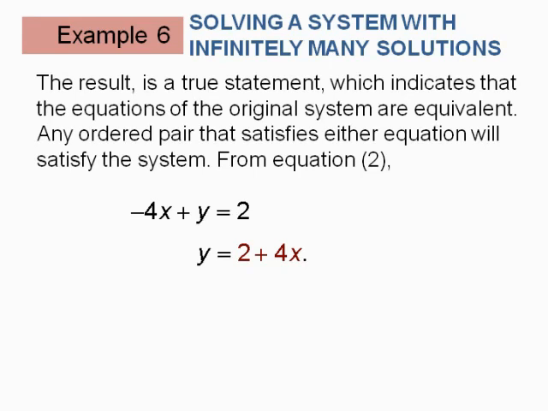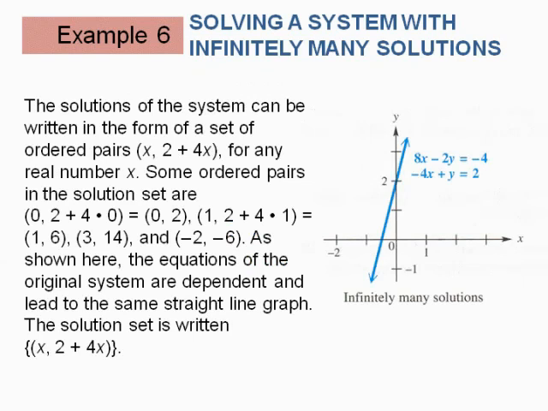So from the second equation, notice we're just going to go ahead and solve the equation for y by adding 4x to both sides of the equation. All right, we're almost done here. Now it says the solutions of the system can be written in this form of a set of ordered pairs x and 2 plus 4x for any real number x.